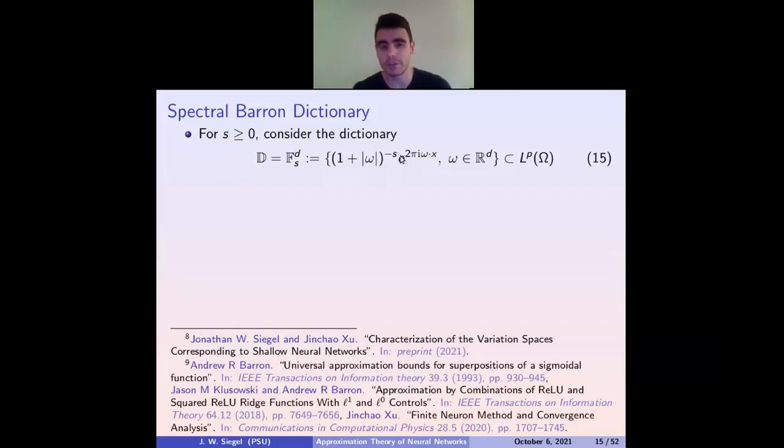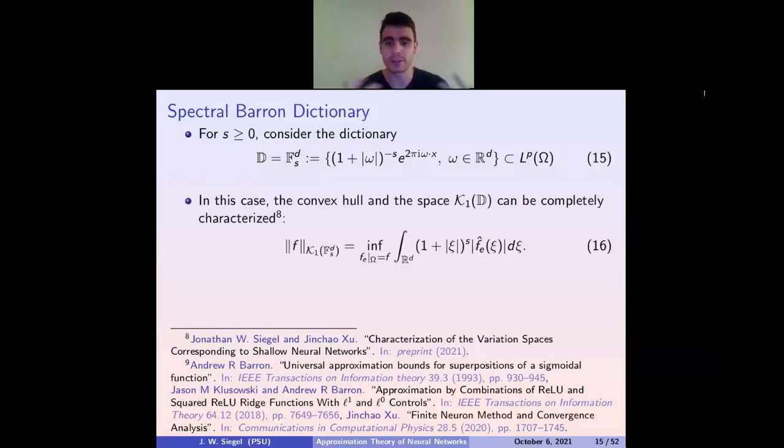So we take these Fourier modes, e to the 2 pi i omega dot x, and scale them down by a power of omega. If you do this and you take the convex hull, then it turns out this class of functions is characterized by a condition on its Fourier transform.